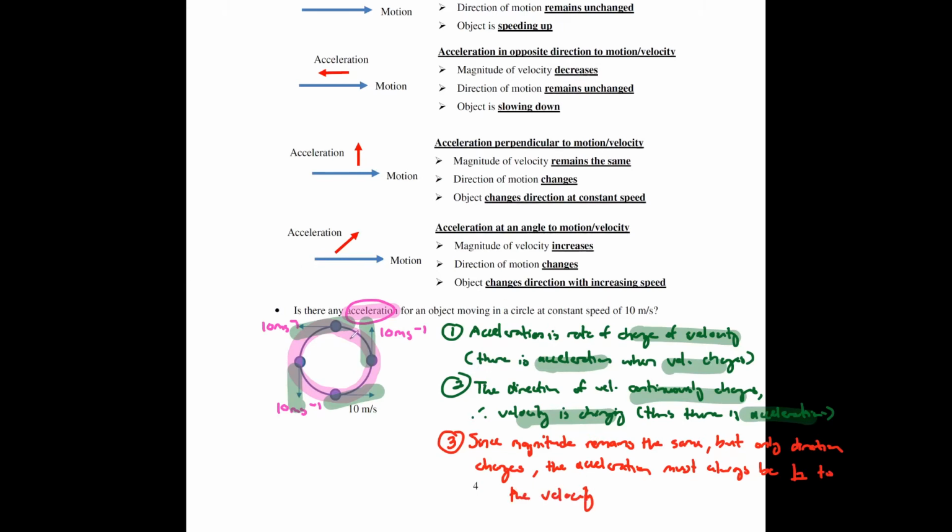Okay, so you see, when you go from here to here to here to here, the magnitude itself did not change, but only the direction has changed. Previously, in the examples that I described to you, you notice that for a magnitude to always remain the same, but only the direction changes, you must have the acceleration perpendicular to your motion or velocity. So over here, when something is moving in a circle, and we tell you that the speed remains the same, meaning to say the magnitude remains the same, only the direction is changing, your acceleration must always be perpendicular to the velocity.